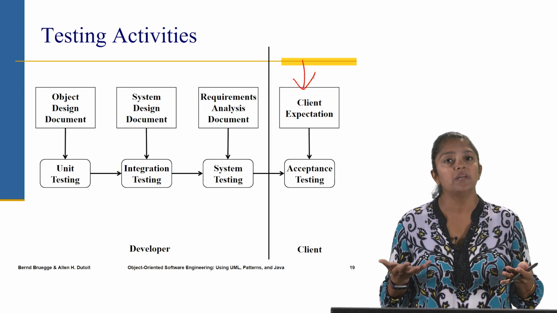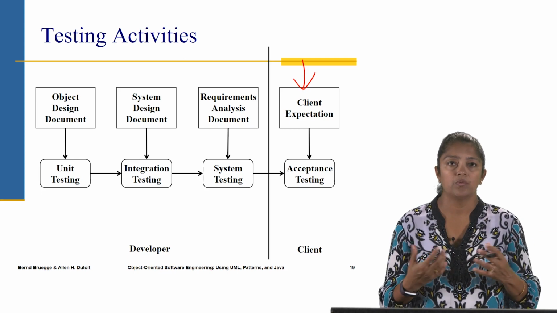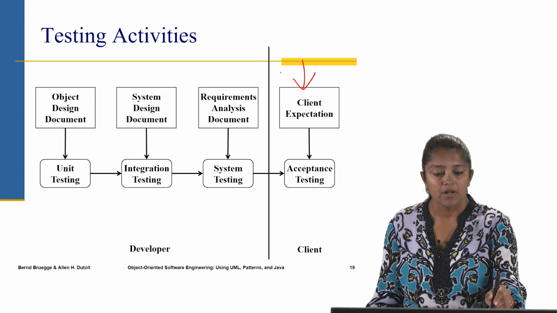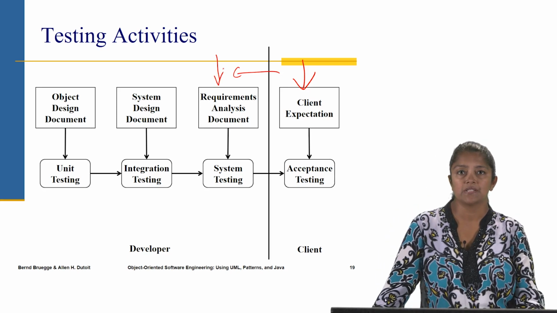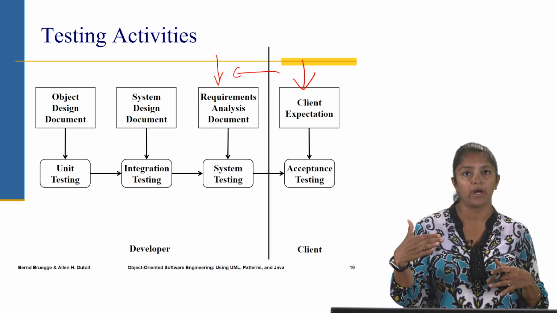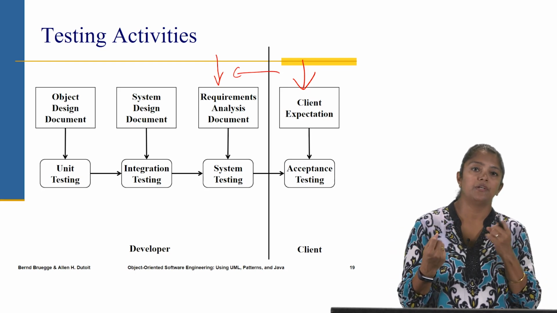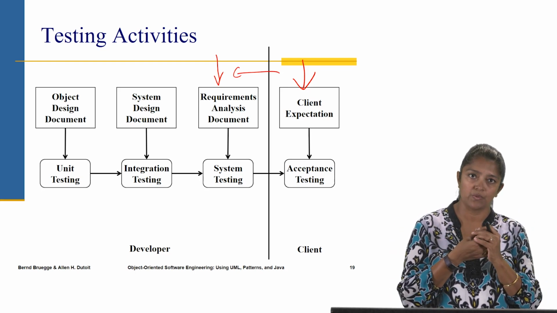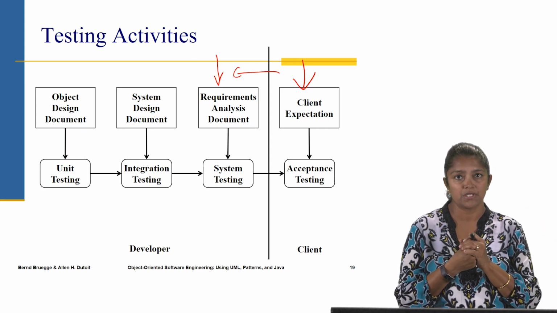We receive our requirements from the client, we understand what the client expectations are, and based on that we come up with a requirements analysis document, a detailed requirements document which could be a result of back and forth discussions with the client, making sure that the client's expectations have been understood.